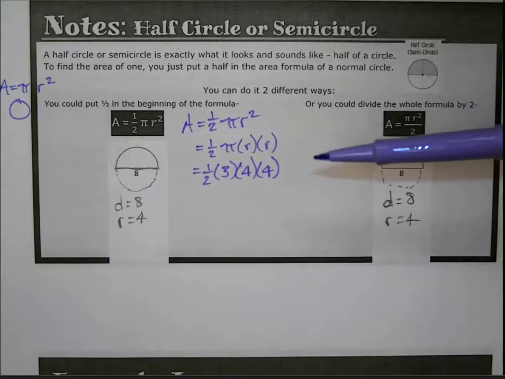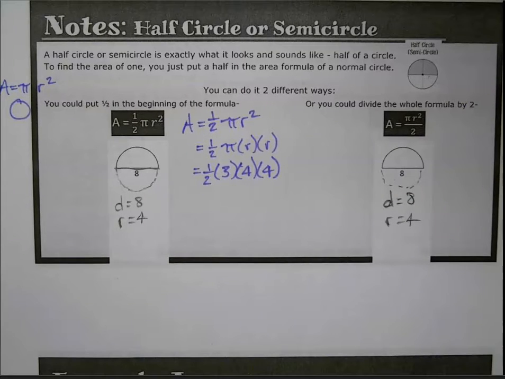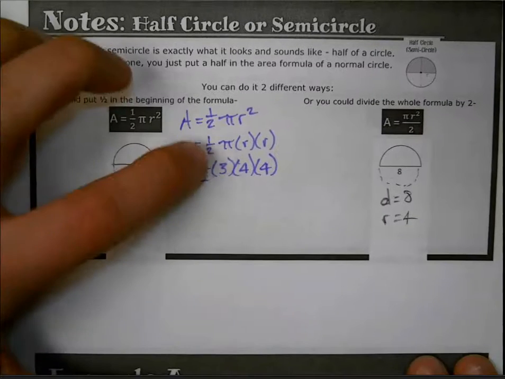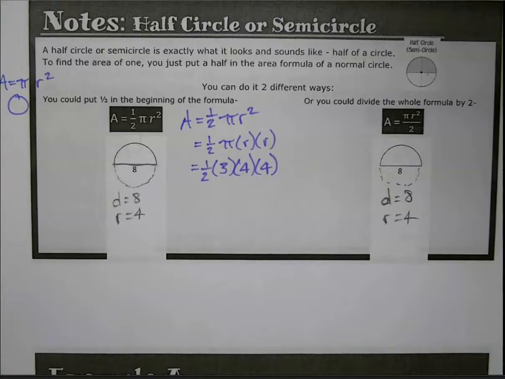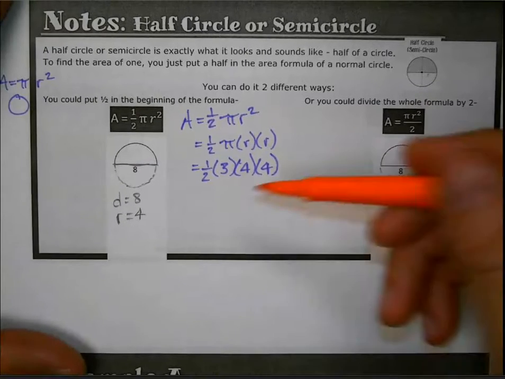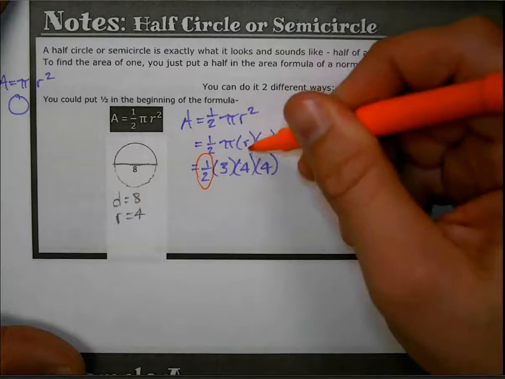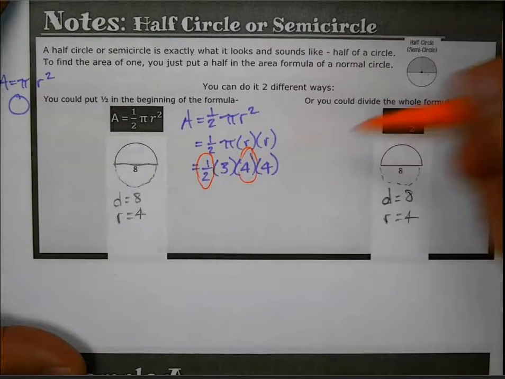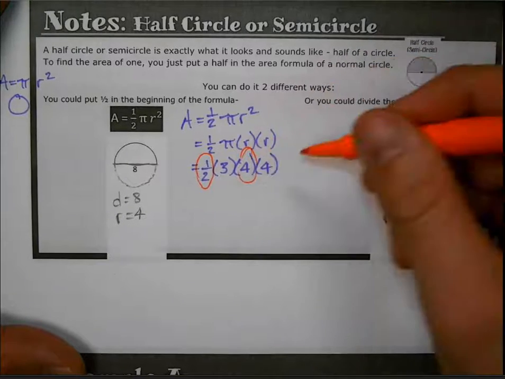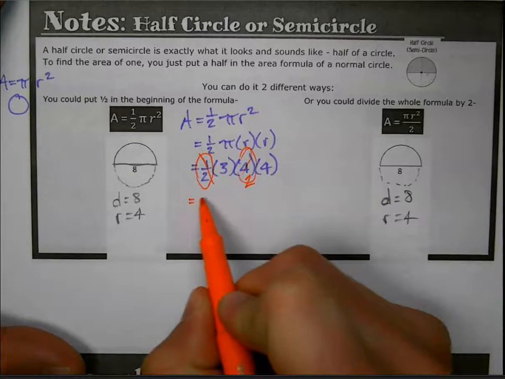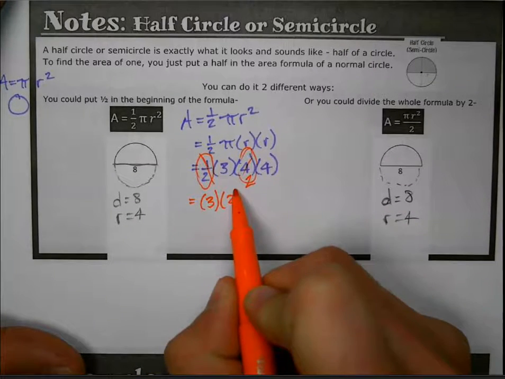Anytime you see an even number in there, that's the best choice. Half of 3 is going to be a decimal, so that's probably not your best choice. I'm going to go with one of these 4s. You are only doing this with one of them because you only have one 1/2. So this 1/2 and this 4, it doesn't matter which 4, those are the ones I'm using. Half of 4 gives me 2. Now that's gone, and I'm left with 3 times 2 times 4.